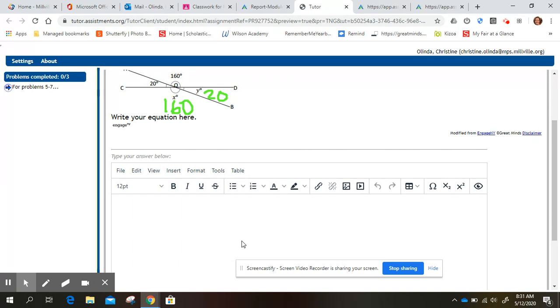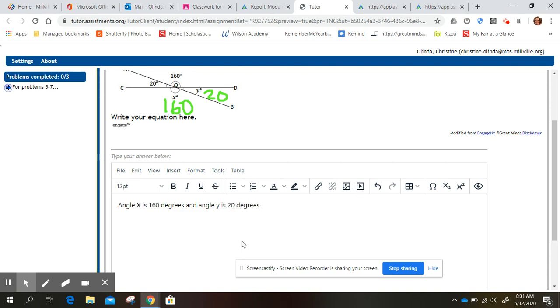And so we can explain it like this. It says write your equation here. Angle COB, well, I could say angle X is 160 degrees and angle y is 20 degrees.